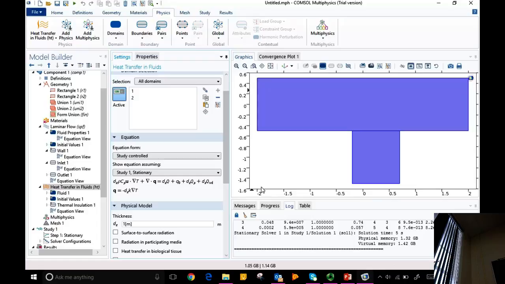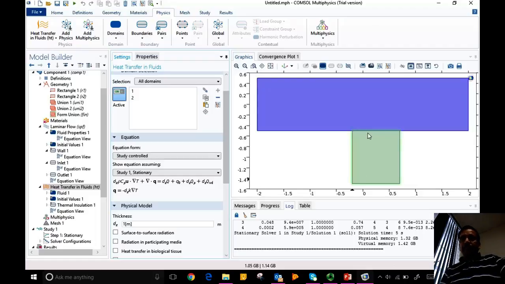This is why they truly call it multi-physics, in the sense you can have different domains with different physics. So heat transfer only here, and in this domain you have both fluid mechanics and heat transfer. And they are coupled through a conductive boundary condition at this point. Okay? So what would be the boundary condition at that interface?